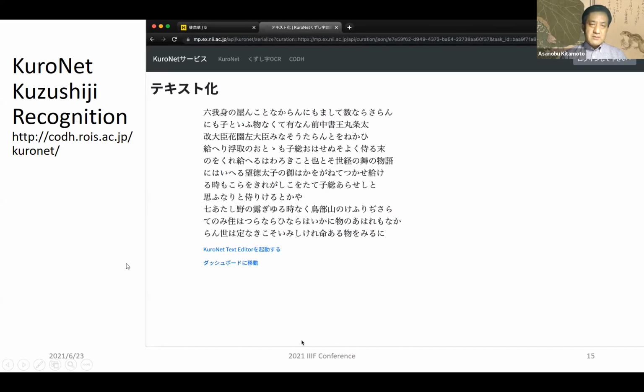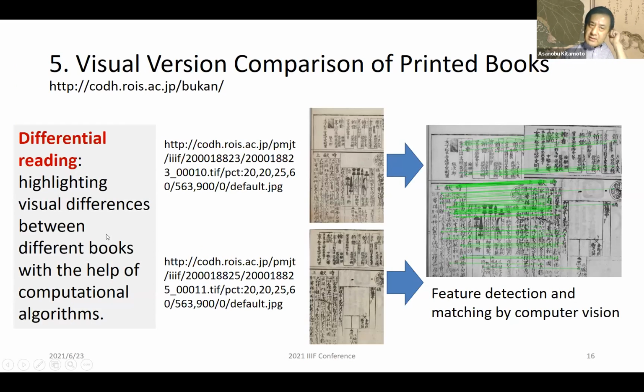So this is a result of how we use IIIF Curation Viewer or IIIF Curation Platform for transcribing old characters using machine learning. The final result example is not included in the abstract, but we would like to introduce it as the most recent result.